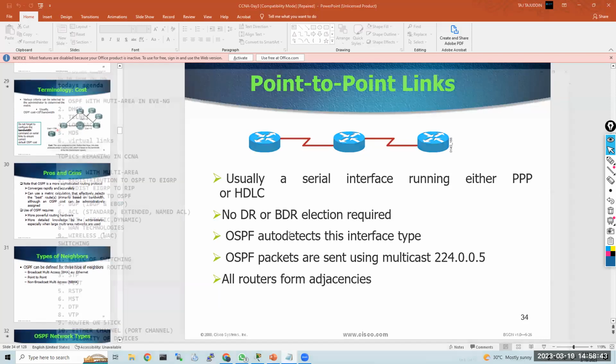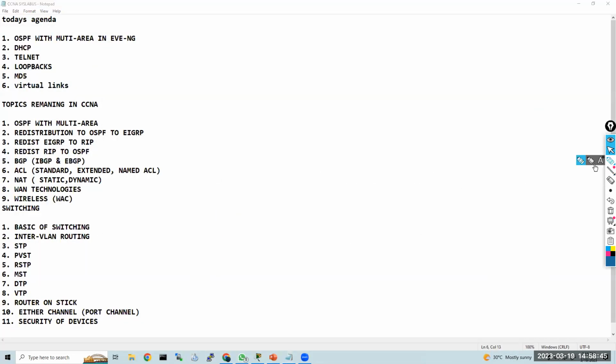Let me explain this one. For example, this is your area 0, right? In area 0, we can run a lot of routers inside.